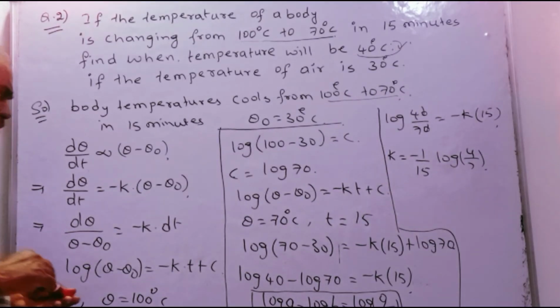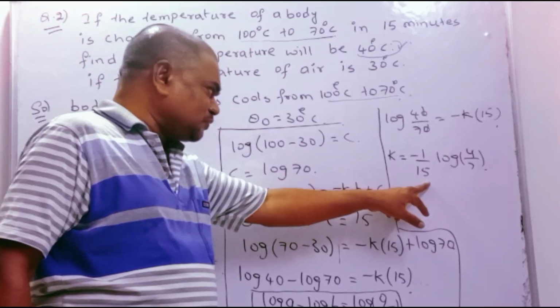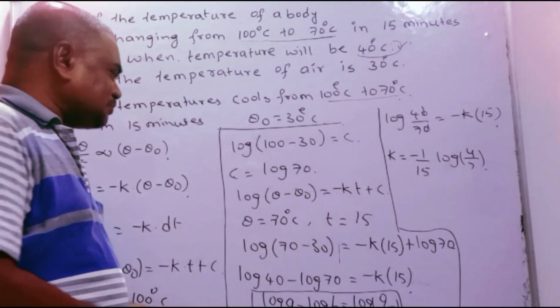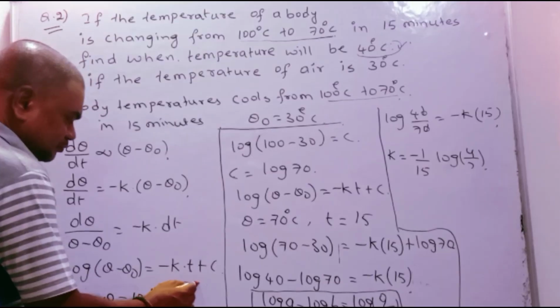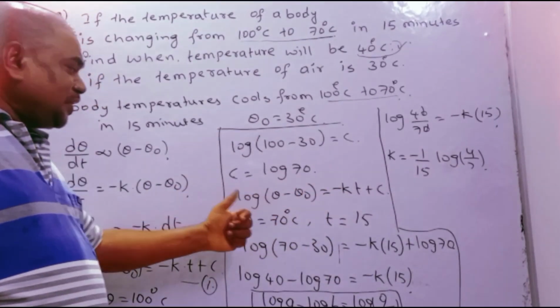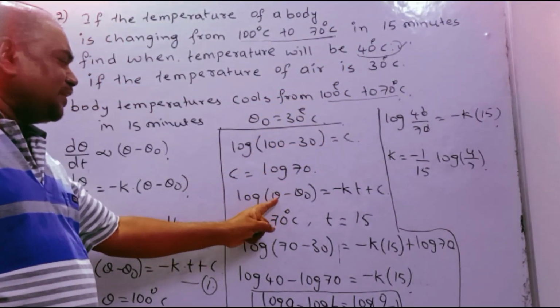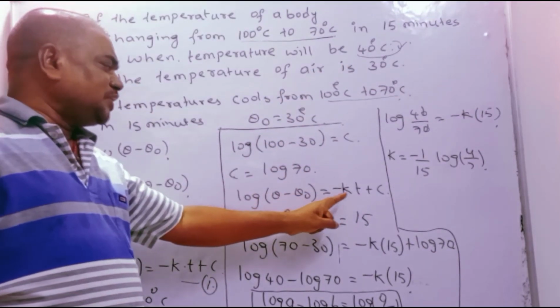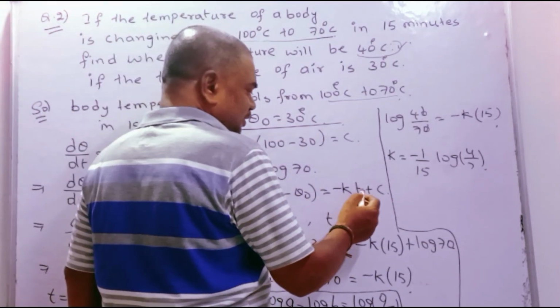So here we know the c value and we know the k value, then you have to substitute in this equation, equation 1. Now θ equals 40 degrees. When the body temperature is 40 degrees, we don't know the value of t.